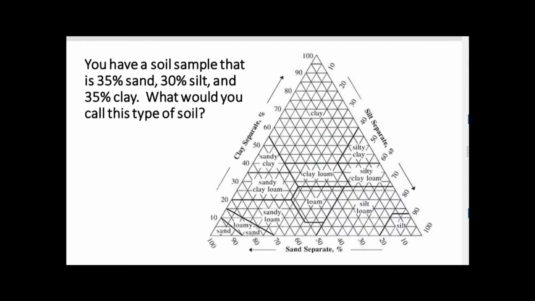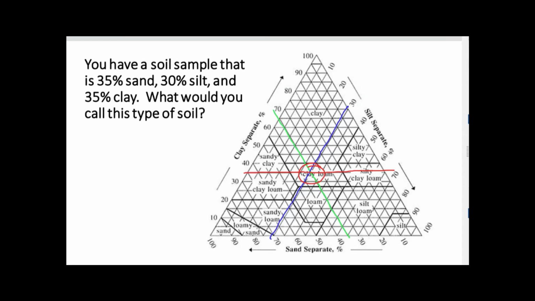I'm going to use this angled one right here, and then we've got 30% silt, so I'm going to use this right here. And then we have 35 clay. Yep, mine looks just like y'all's.